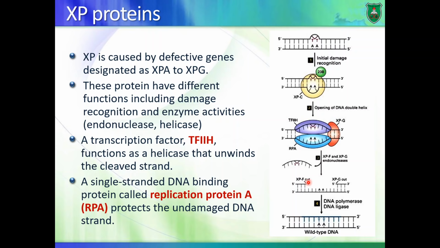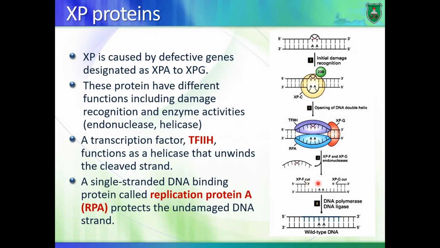Each one of them has a specific function. So you have proteins that can detect the damage. You can have a protein that functions as an endonuclease, making this phosphodiester bond cut to the left and right of the lesion, you have a protein that functions as a helicase and so on.